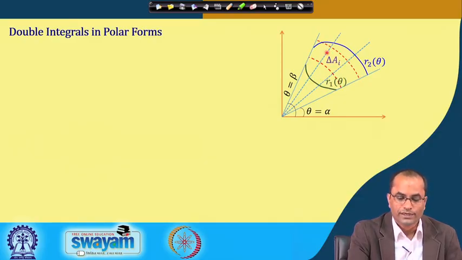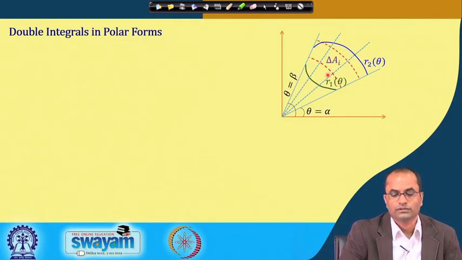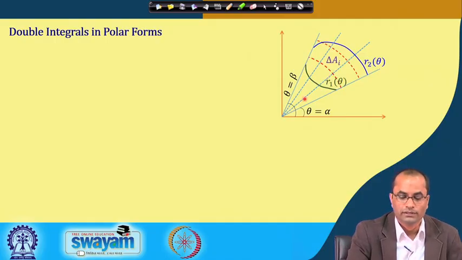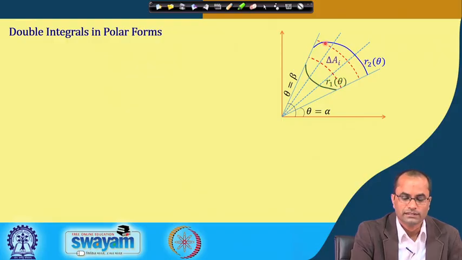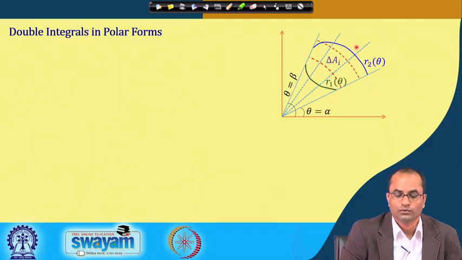So, in that situation, when our domain is bounded by these two curves r 1 theta and r 2 theta, then we can do the integration easily with the help of polar coordinates, because the limits for this domain are easy to evaluate. In the direction of r we are entering the domain from r 1 theta and exiting from r 2 theta.